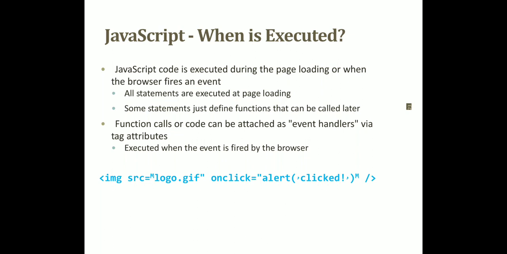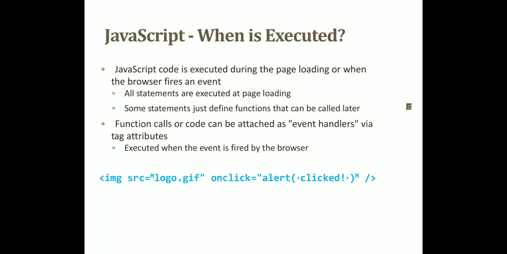All these statements are executed at page loading. Some statements just define functions that can be called later, and function calls or code can be attached as event handlers via tag attributes. So when the event is fired by the browser, the JavaScript is executed.